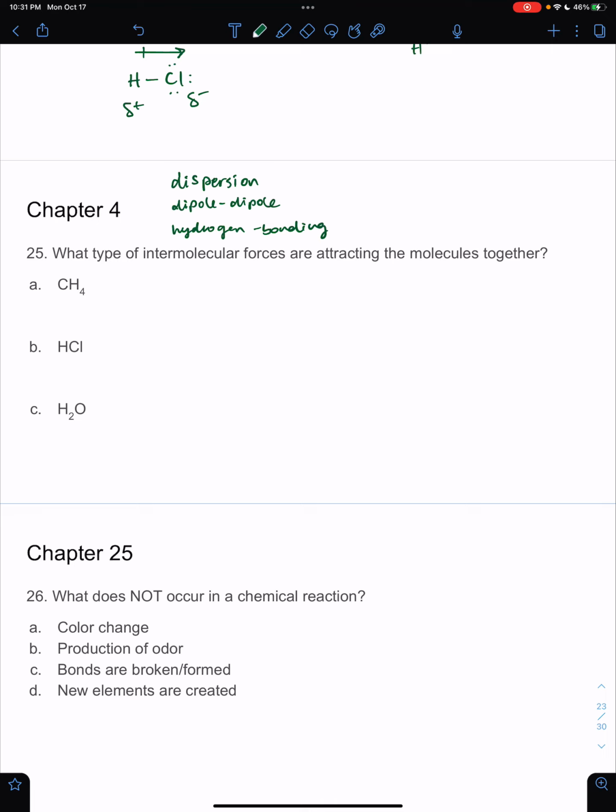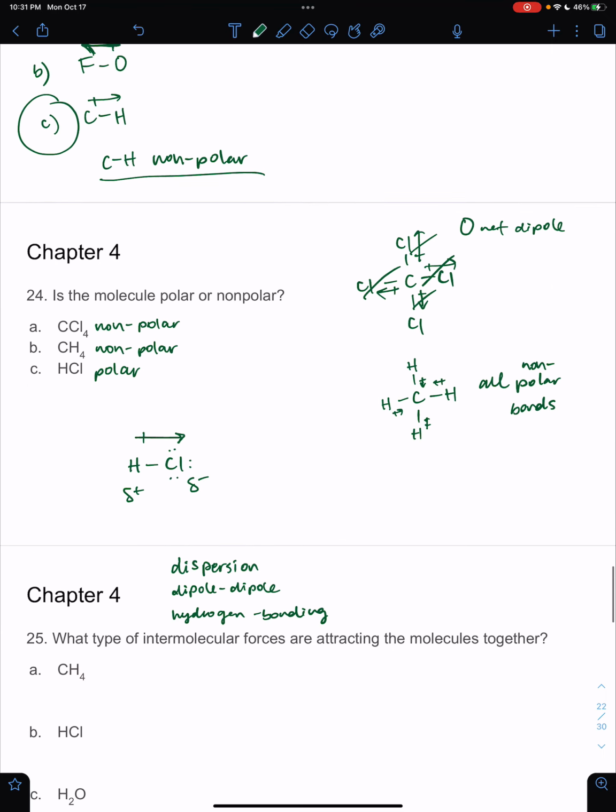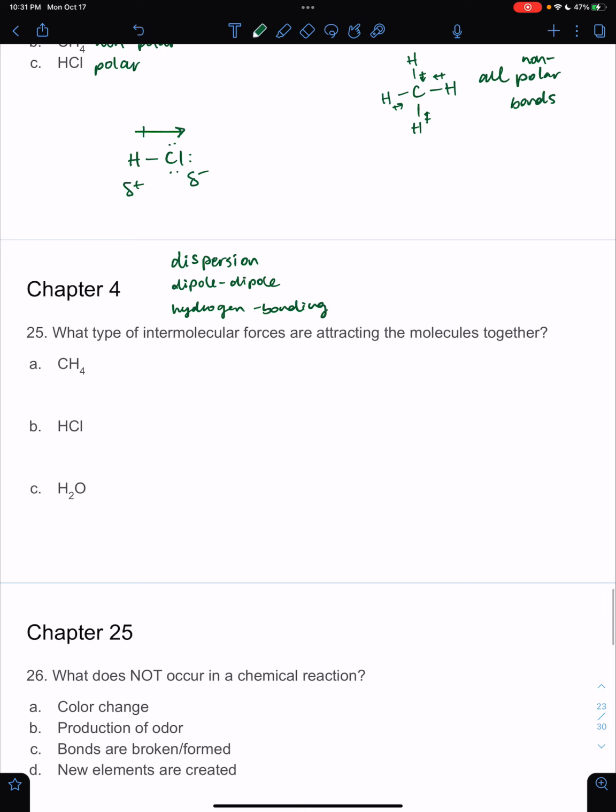Okay, so looking at the CH4, we just said up here that the CH4 is nonpolar. All of the bonds in those molecules are nonpolar. So in this question, you can think of a bunch of CH4 molecules floating around together. The question is asking what type of intermolecular forces are attracting the molecules together within like a container.